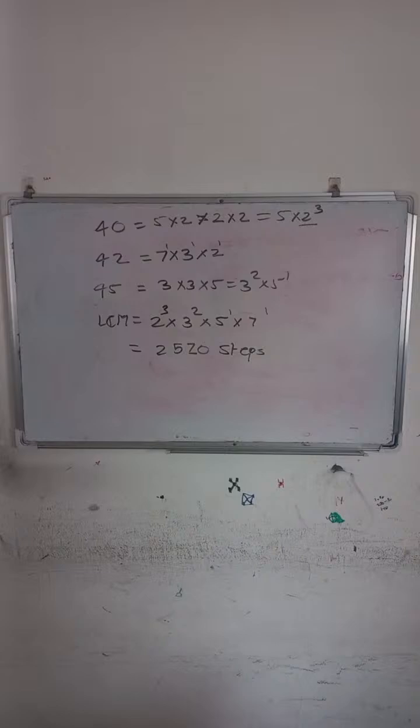So here first they are asking the maximum number of participants that can be accommodated. For that we first have to take the prime factorization, then go for HCF, and then LCM.